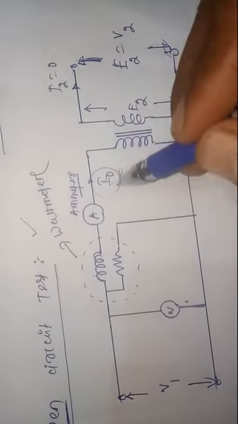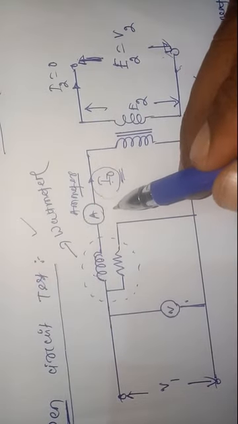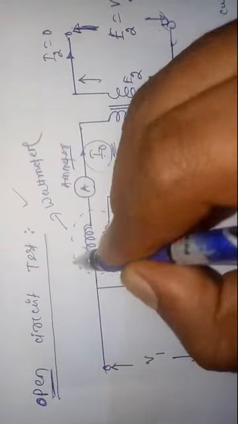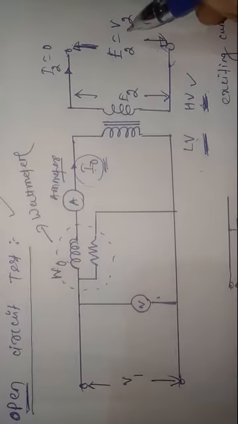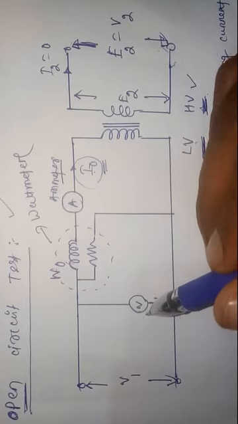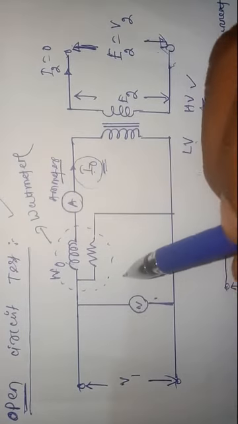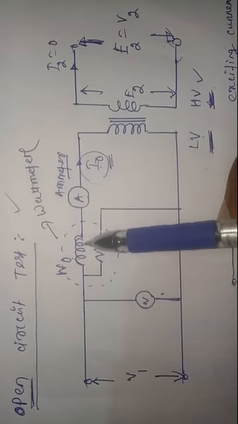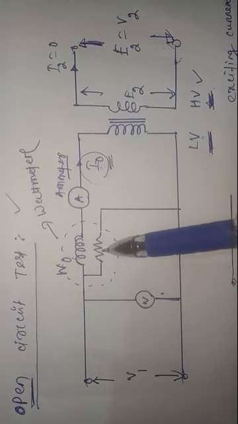This no load current can be read by the ammeter, and the no load power W0. Because no load is connected, the power on the input side is generally termed the no load input power, which can be measured by using the wattmeter.